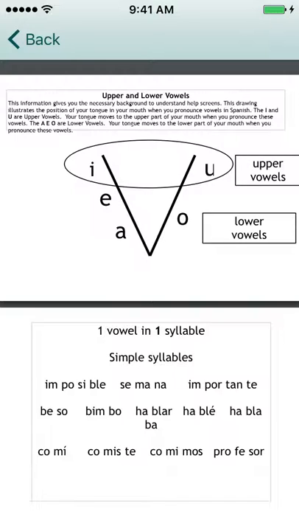In this video and in this app, we call them upper and lower vowels as a function of the position of your tongue in your mouth when you pronounce these vowels. With I and U, your tongue moves to the upper part of your mouth, and with A, E, and O, your tongue moves to the lower part.